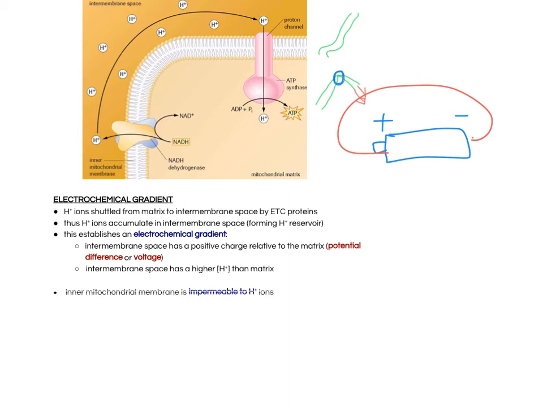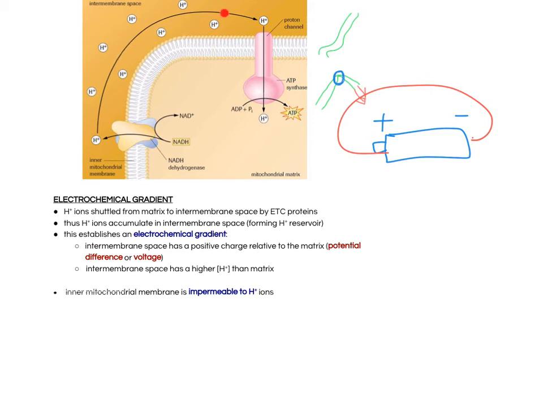Well, the inner mitochondrial membrane is impermeable to the hydrogen ions because we have that hydrophobic phospholipid bilayer. The tails of the phospholipids, which are fatty acids, are not going to let those hydrogen ions through, not typically. So how do we overcome this?